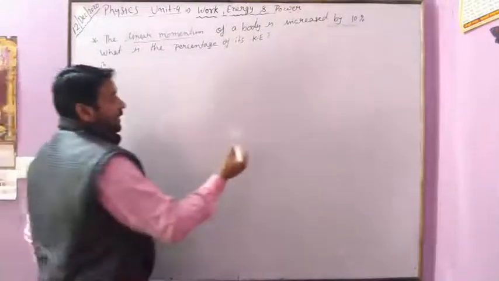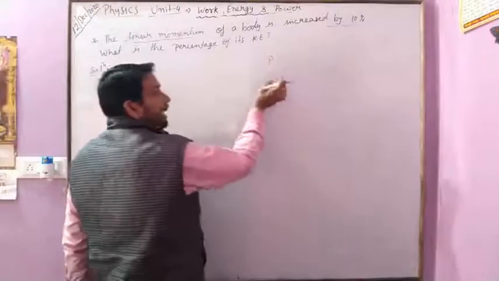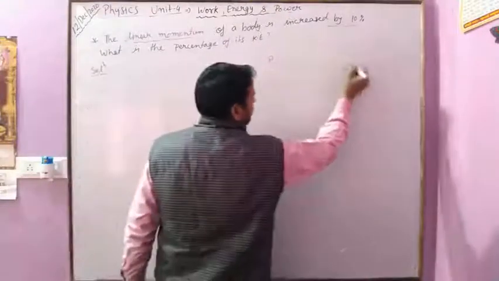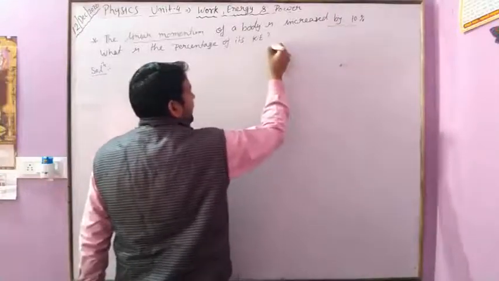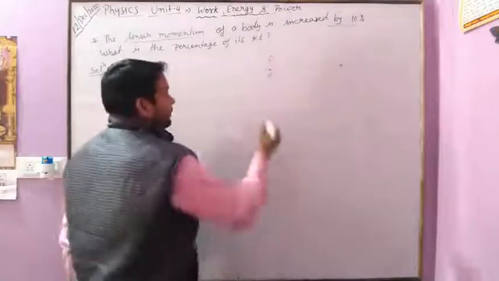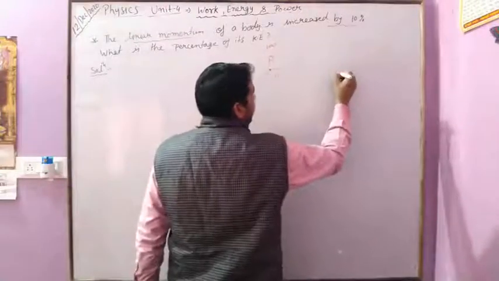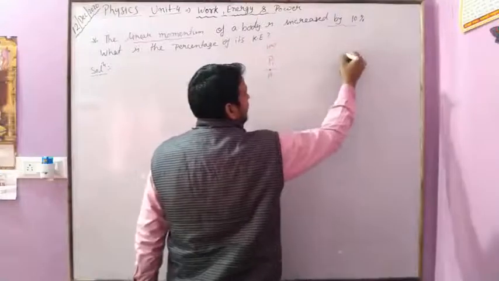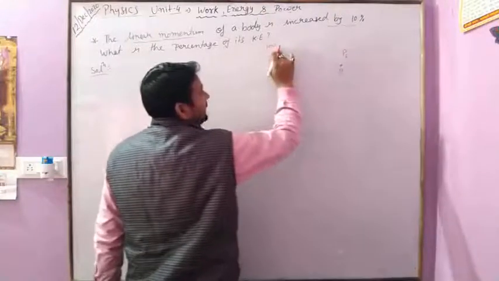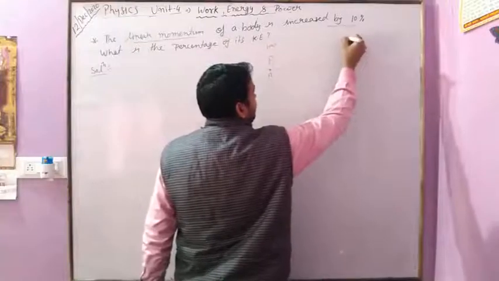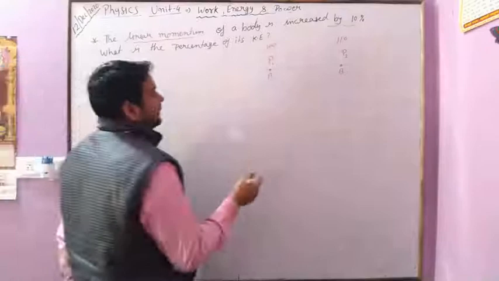Let the object at point A have momentum P, let's say 100. When it reaches point B, its momentum is increased by 10%, which is 110. It is very simple.